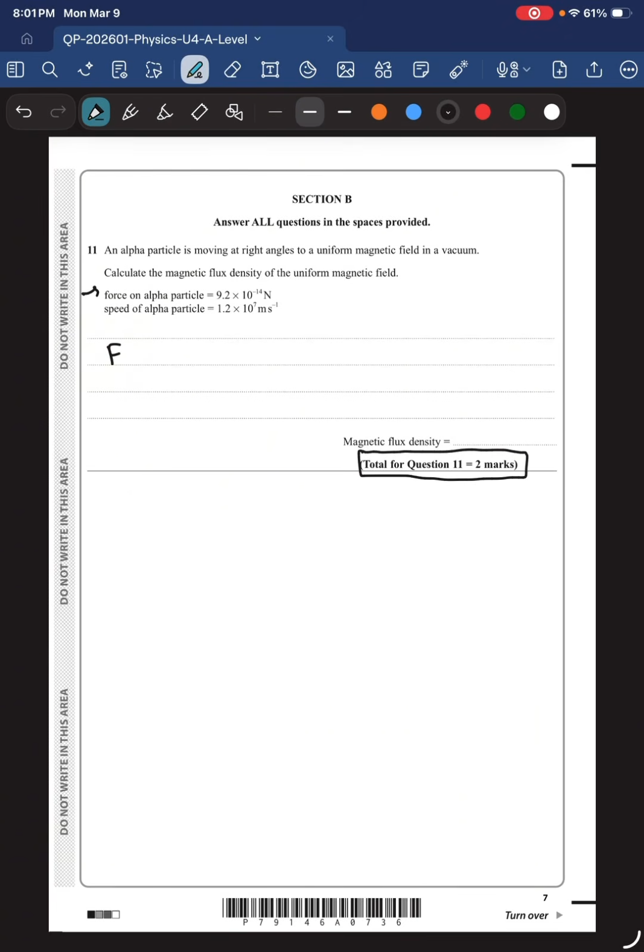So F is qvB, so we need to calculate B, which is F over qv, and they also give us the speed. So I'm just going to substitute.